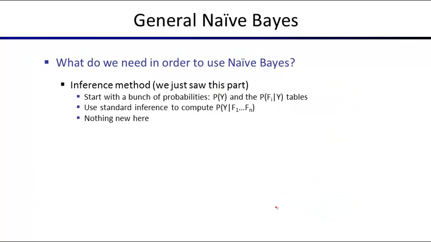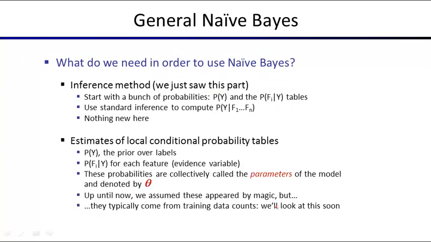Okay, we've seen how to do inference. It's similar to what we've seen before. How do you get the conditional probability tables? Well, the first one we need to find is P(Y). The other ones we need to find are the conditionals for F_i given Y. Combined, we call those the parameters of our model.